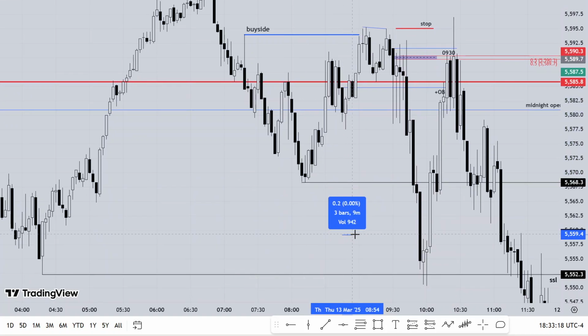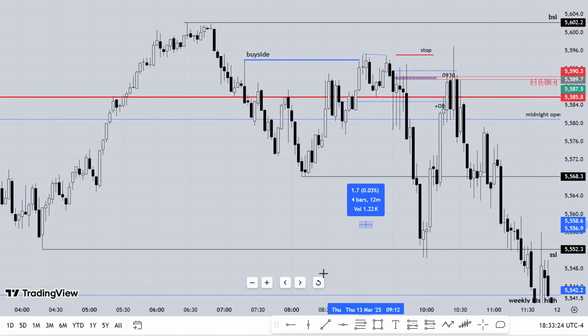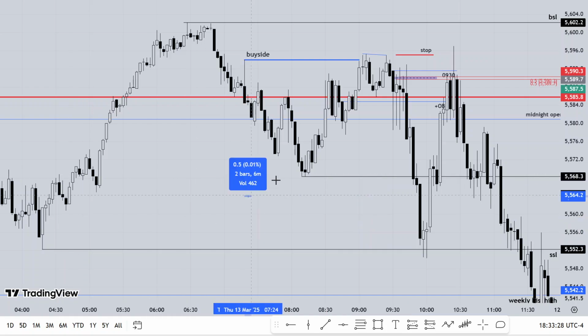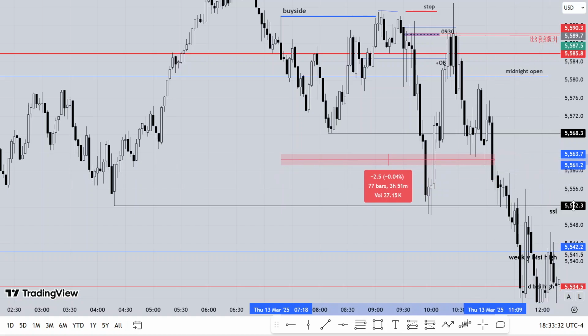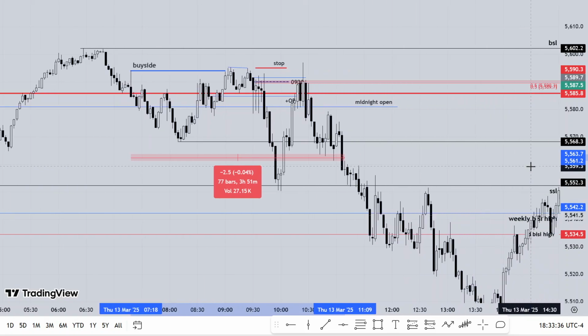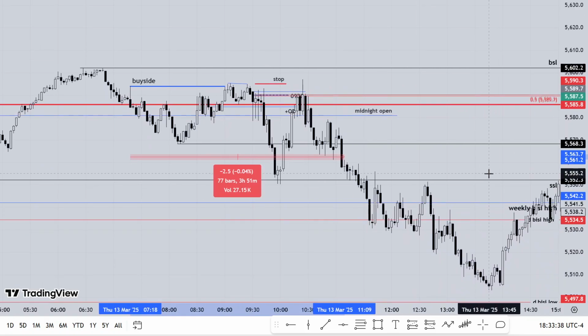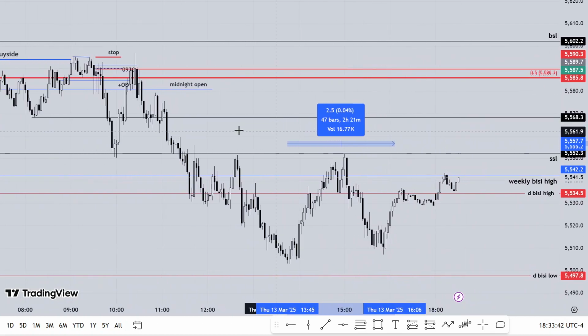We still have draw on liquidities and the ability for price to go for those relative equal lows, and also the daily BC highs and lows, which it did at a later time in price, but we were not involved in this. So we're not going to speak on what we're not involved in currently.